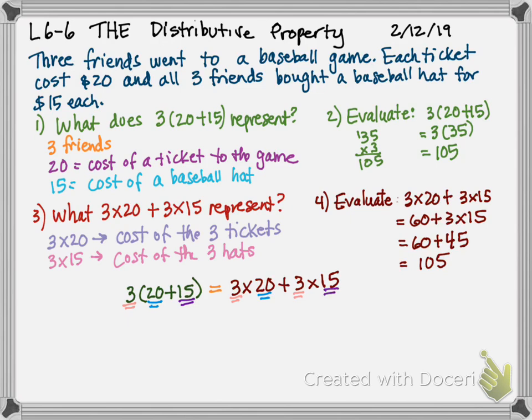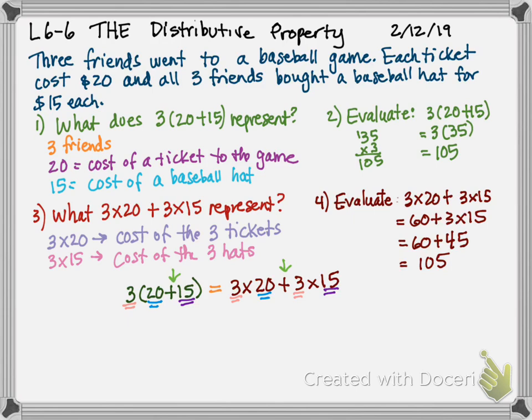So the same numbers are represented, okay? And if you think about it, look at the operation that's happening is the same for both of them, okay? So what I've just basically shared with you is how the distributive property works.